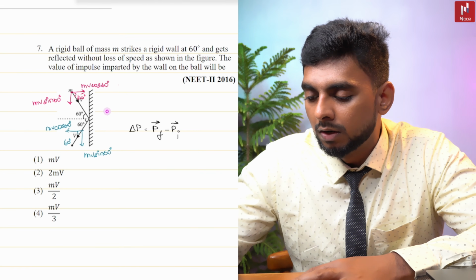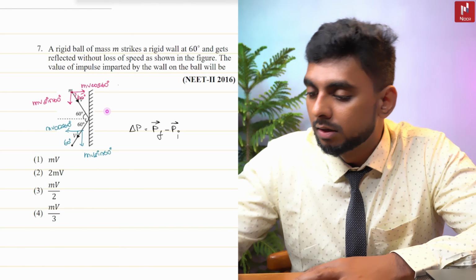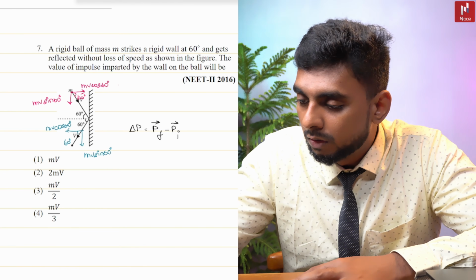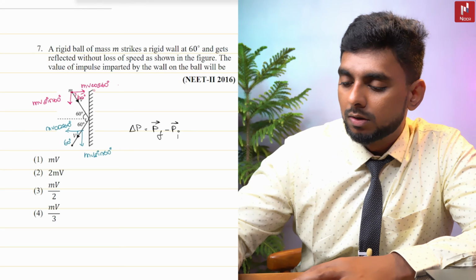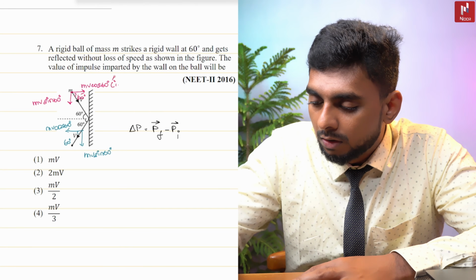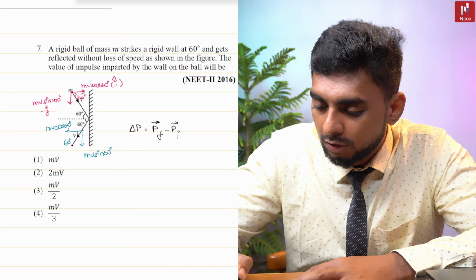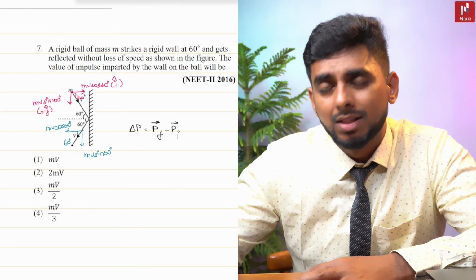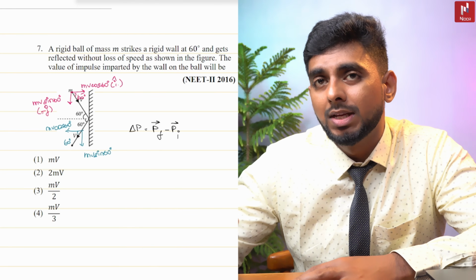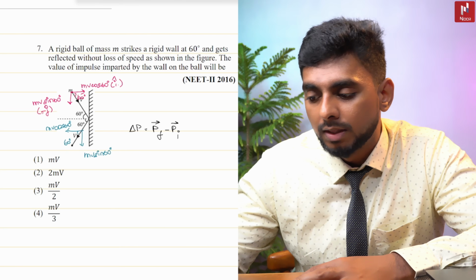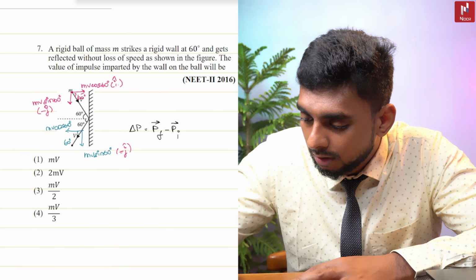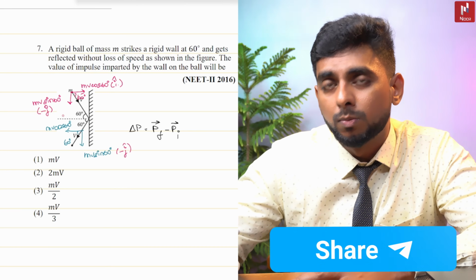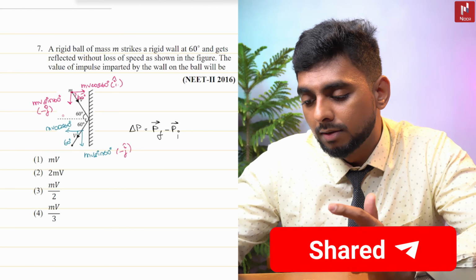Now let me plug in the vectors. Here you have mv cos 60 degrees, which is directed towards the right side, so it will be i cap. This will be minus j cap, pretty obvious. In the final momentum the velocity was directed downwards, therefore that's going to be minus j cap. This component is opposite to that of the initial momentum.